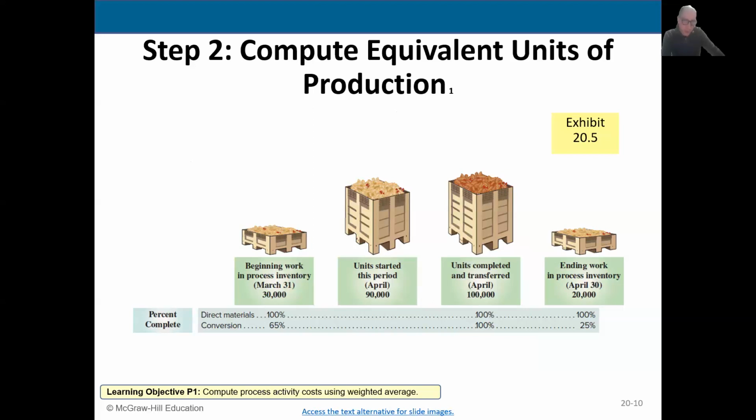You'll notice that there's another one called conversion costs. These percentages are needed to compute the equivalent units of production for both the roasting and blending departments' work in process.